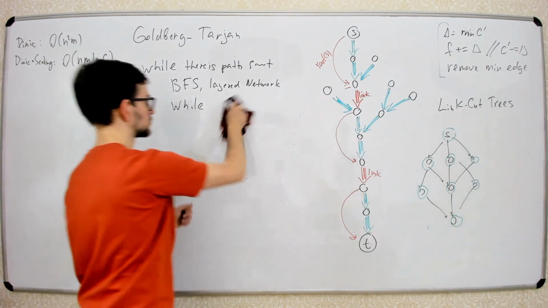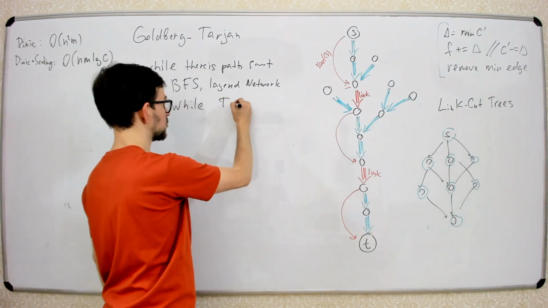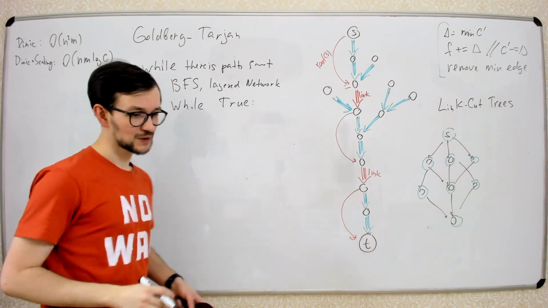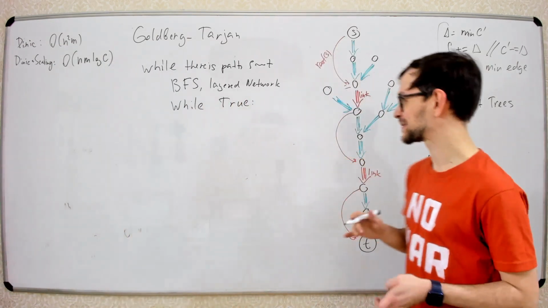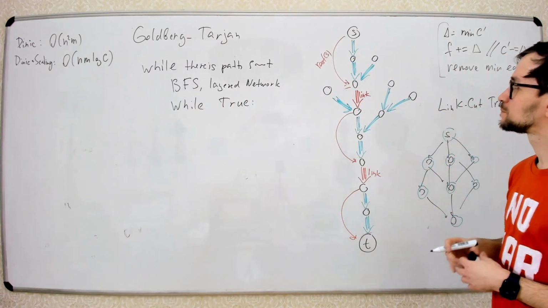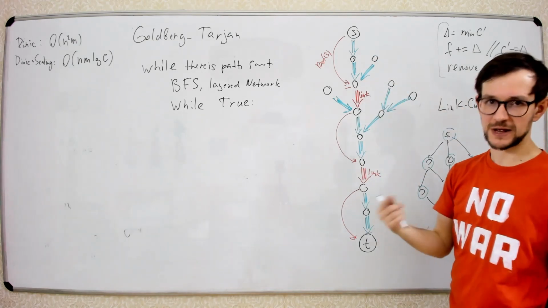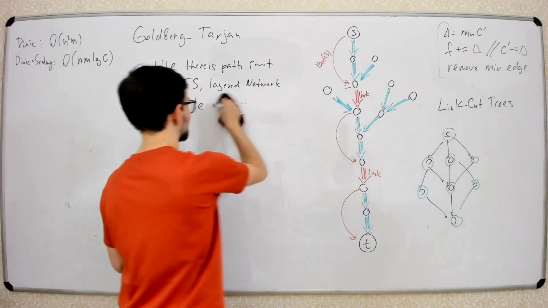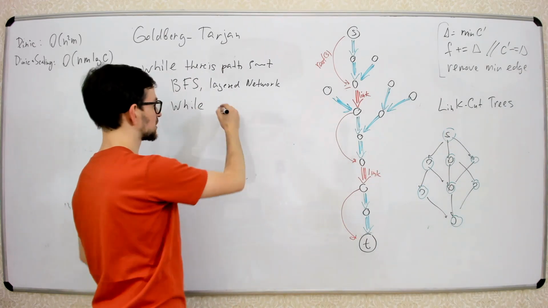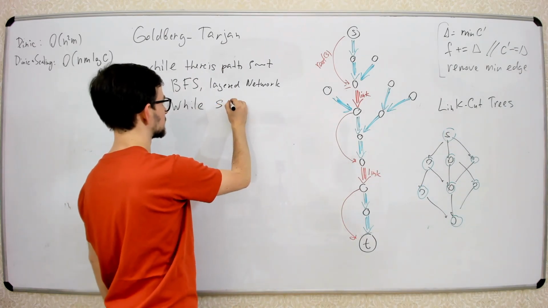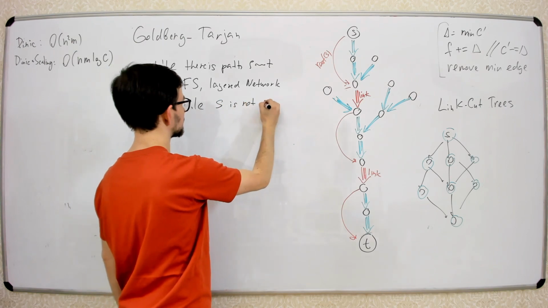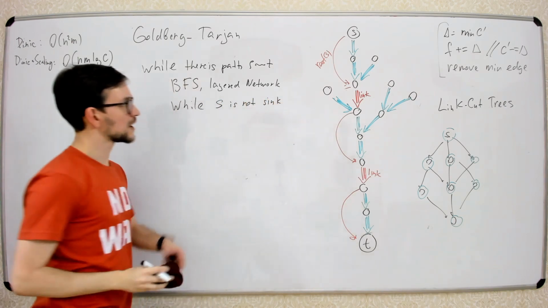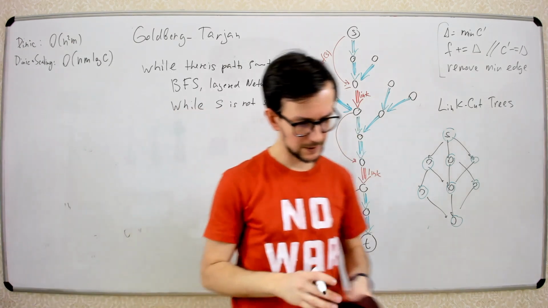Let's say while true, just for simplicity, we'll find out when to break. No, we need to break when there is no path from S. So, while S is not sink, let's say like this. So while S has any outgoing edges, yeah.